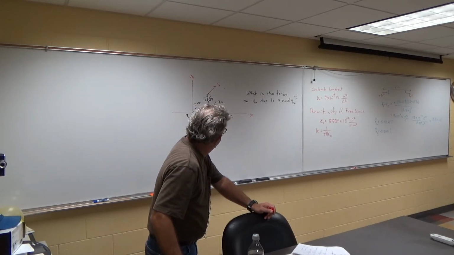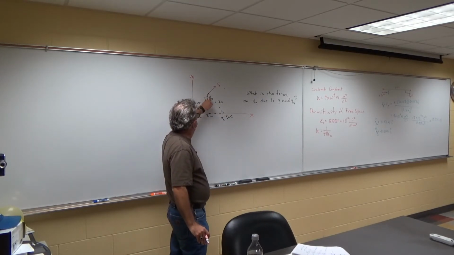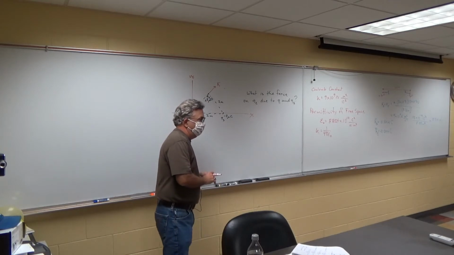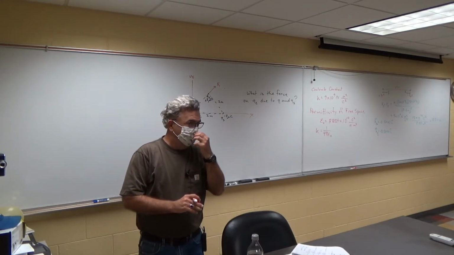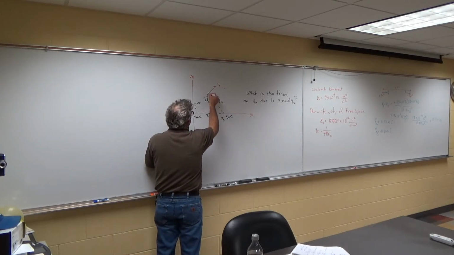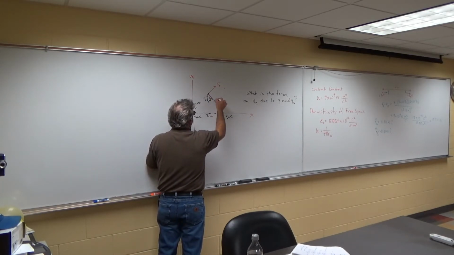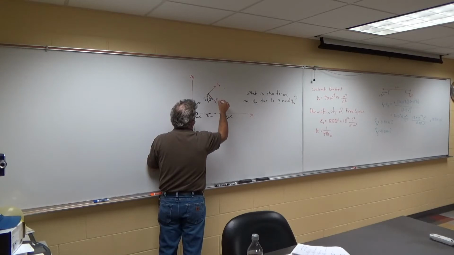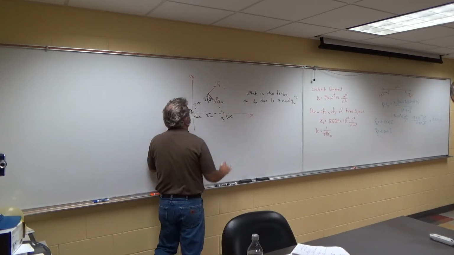What direction is the force between 2 and 3 on Q2? Yes. This is an attractive force, so I'm going to call this F3. Well, these are vectors, all right?